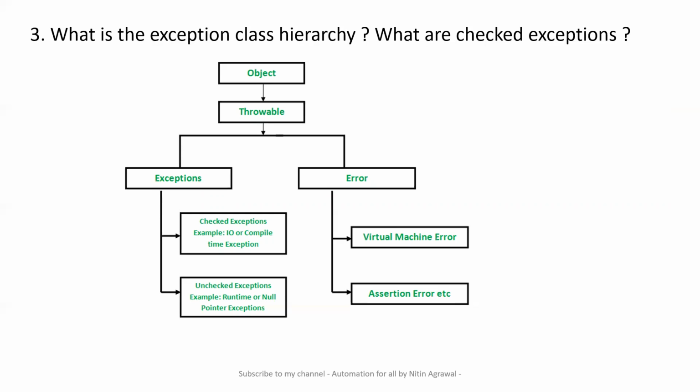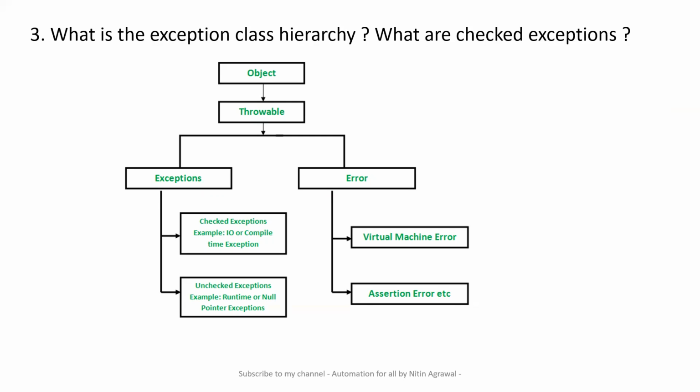So checked exceptions are compile time exceptions which occur at the compile time, like IO exception or interrupted exception or AWT exception. Unchecked exceptions are runtime exceptions which will be triggered at the runtime only. So null pointer exception or arithmetic exception or number format exception, these are examples of unchecked exceptions.